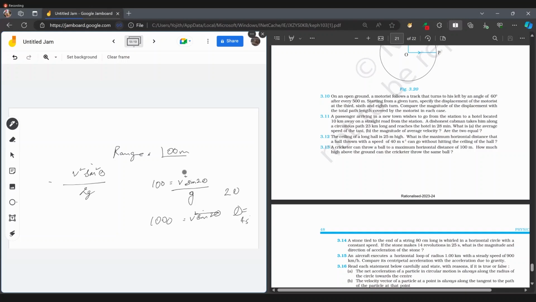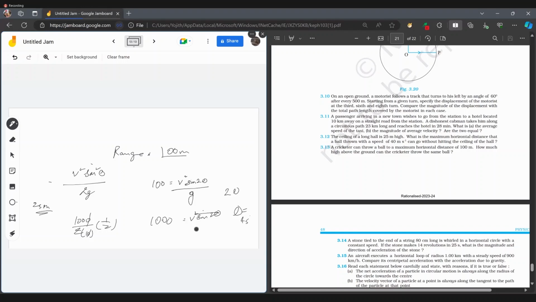ఇప్పుడు ఫ్రీక్వెన్సీ క్యాలిక్యులేట్ చేసుకోవచ్చు ఫ్రమ్ ద గివెన్ డేటా. Okay, we'll be getting nu is 14 by 25, number of revolutions by time taken, hertz. Okay, now angular frequency will be omega, which is equal to 2 pi into frequency.